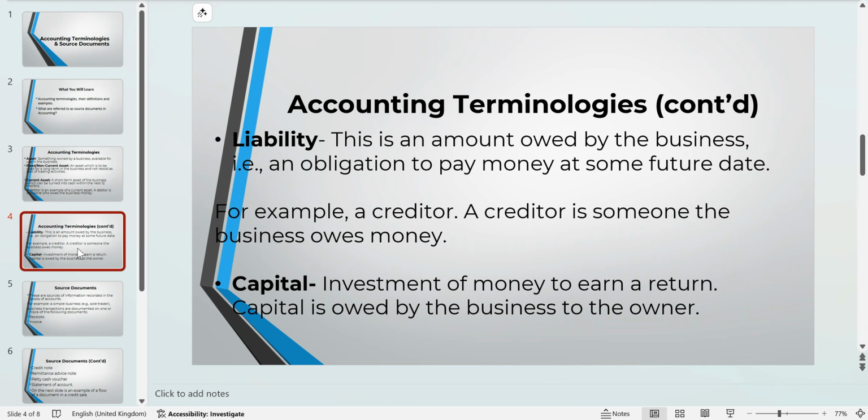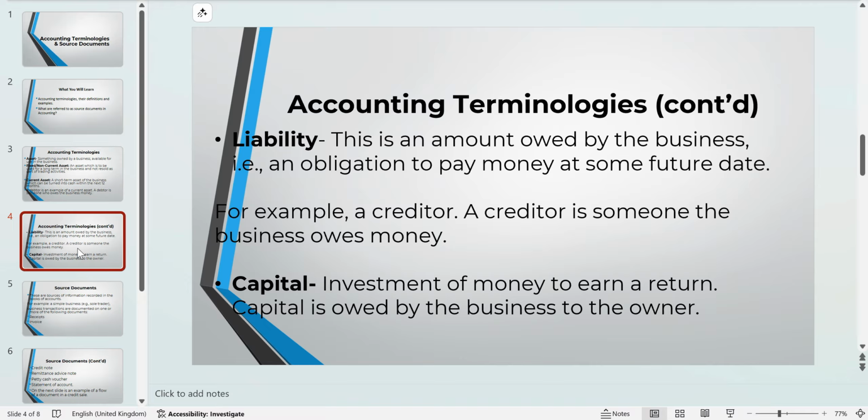So we have also liabilities. A liability is an amount owed by the business. It's an obligation to pay money at a future date. For example, a creditor. It's not written here, but in liabilities we also have non-current liability or long-term liability, and current liability.